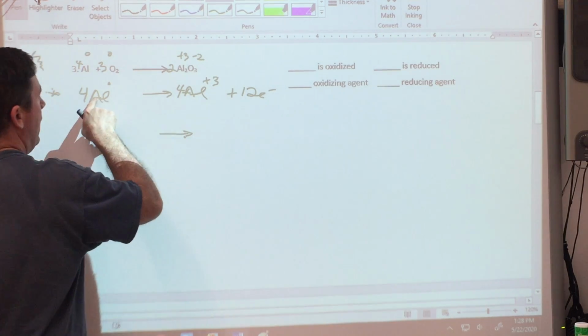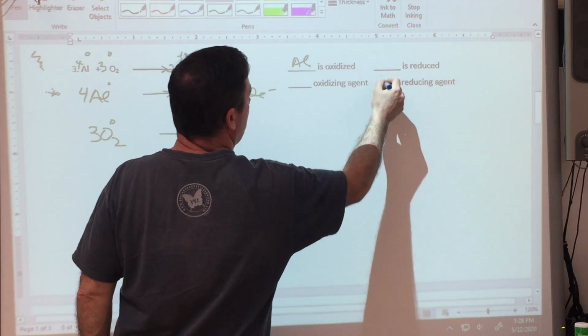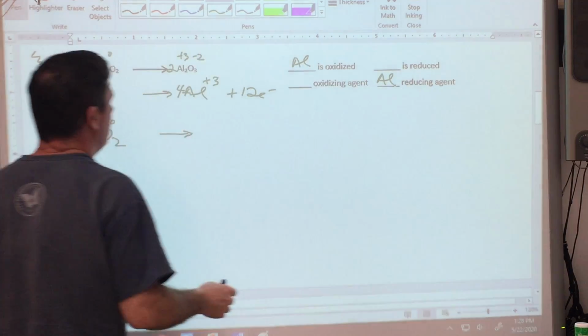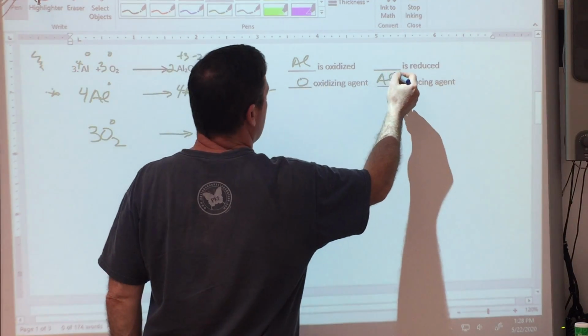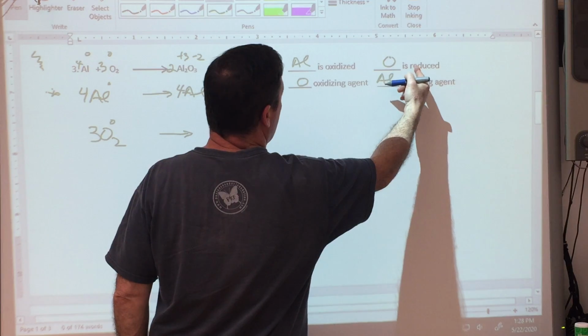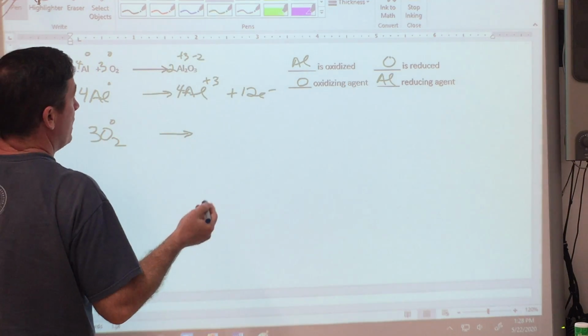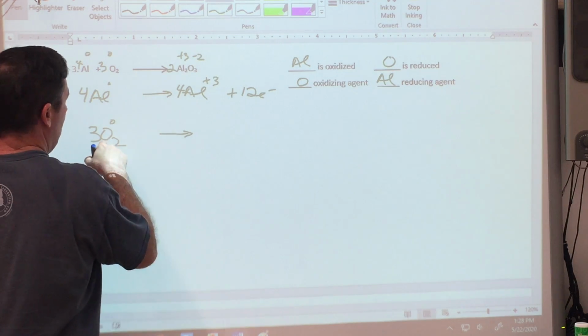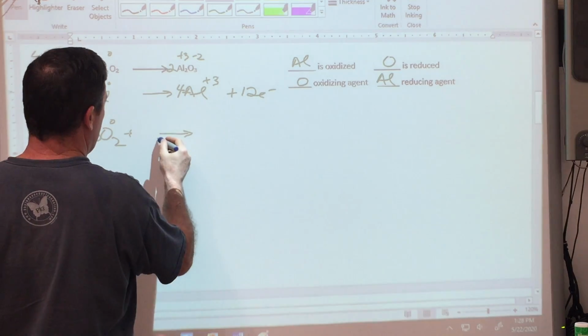Oh, by the way, aluminum has lost electrons, and therefore is the reducing agent. Oxygen is gaining, therefore it is getting reduced, therefore it's the oxidizing agent. Oxygen typically is the oxidizing agent. And it's going to gain electrons. How many? We'll see here in a sec.